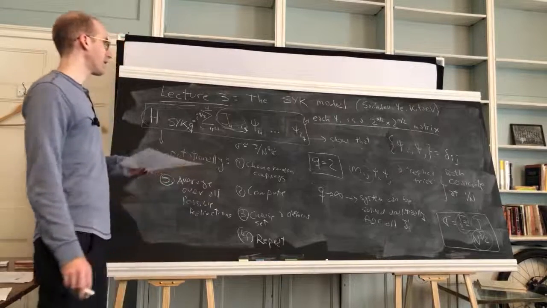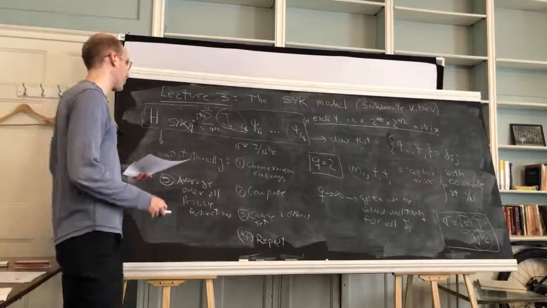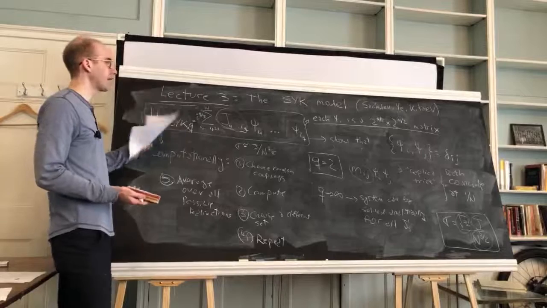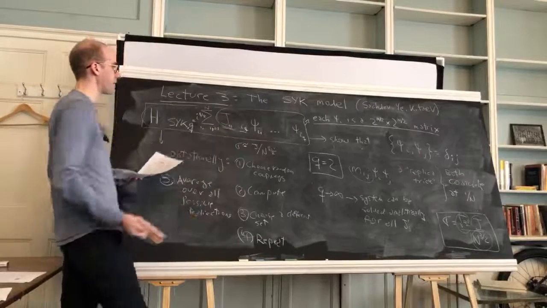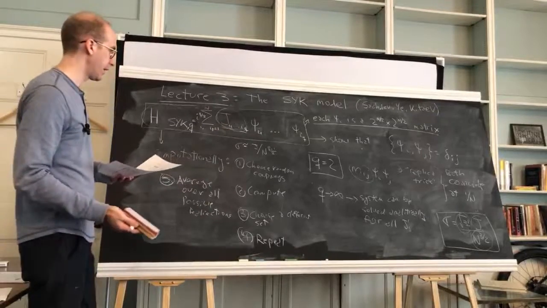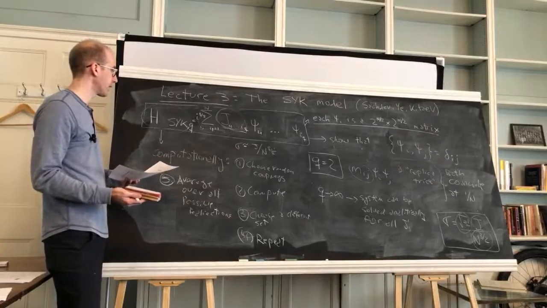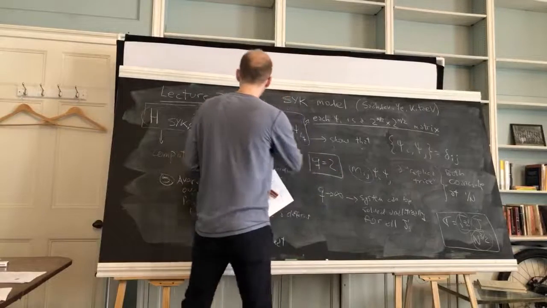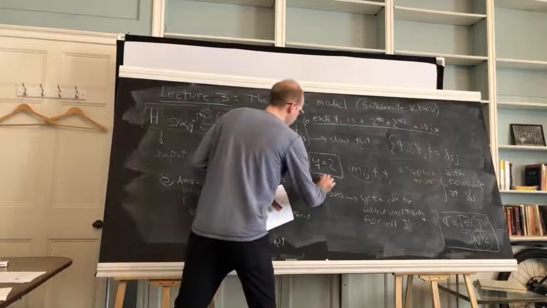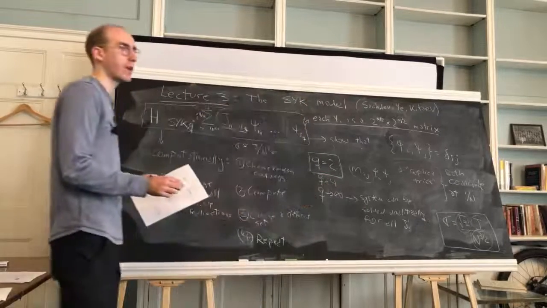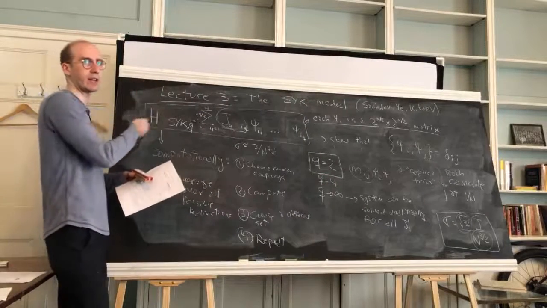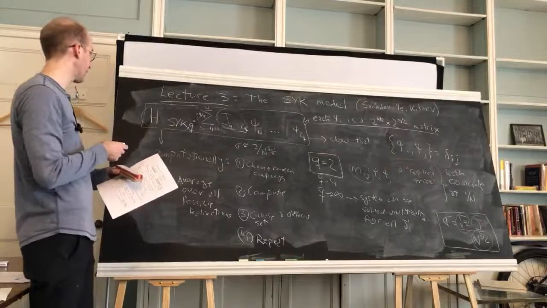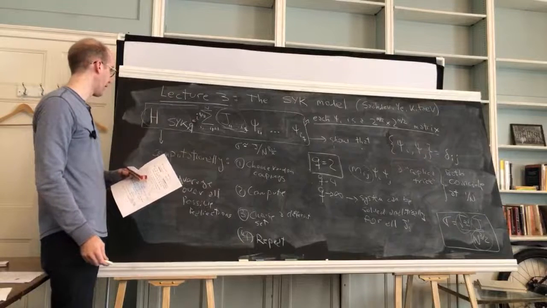Okay, so let's keep pushing a little bit this description of fermions as matrices. One thing you can do is go to Mathematica, just tell Mathematica to choose these random couplings for you. Nikolai will be showing that in his video. And then you can choose, for instance, a Q equals to 2 model, a Q equals to 4 model. And once you have the Hamiltonian, you can just diagonalize that and find the set of eigenvalues of this Hamiltonian that will be our eigenenergies.